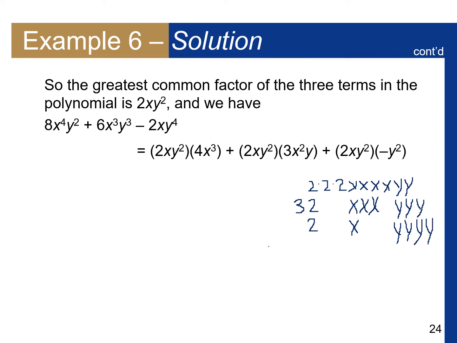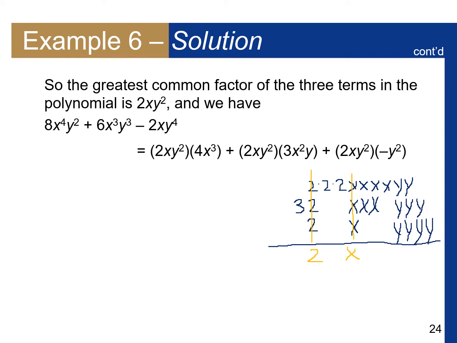All right, when I do this, if I bring down everything that is the same, I'm going to change colors. I'll make it orange. I don't know about orange, but here we go. So here, this is a 2. I have an x that's the same in all of them.